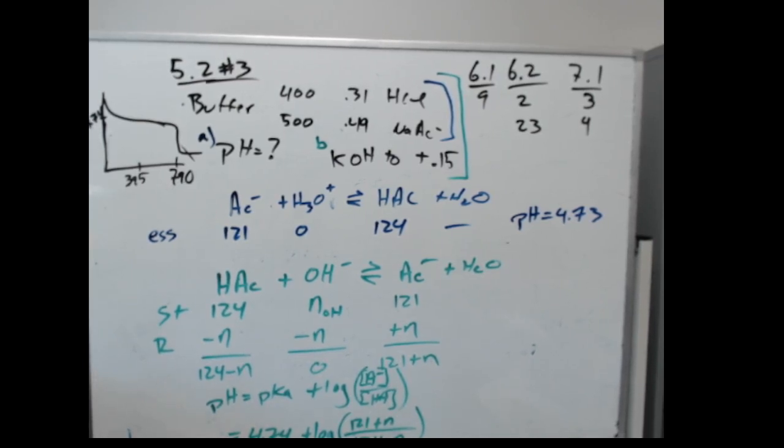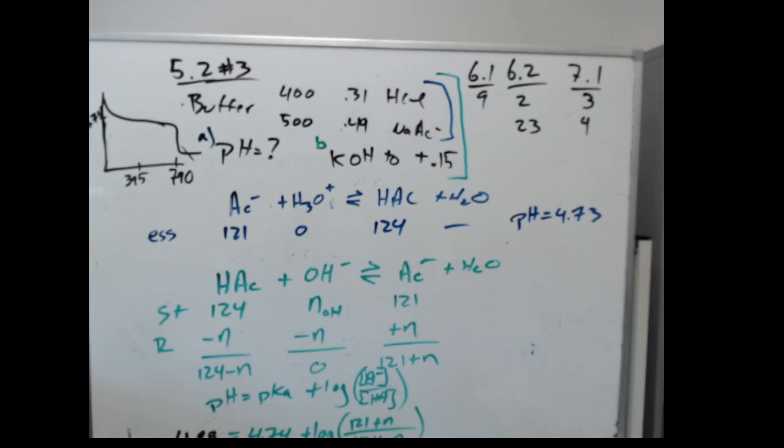What's 0.15 bigger than 4.73? Calculators. What is it? 4.88. There we go. So I can calculate this 4.88 from my answer to part A plus the information given in part B. Now I just have to do the algebra.